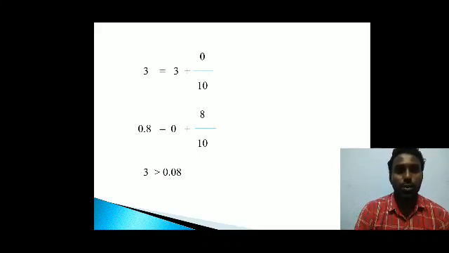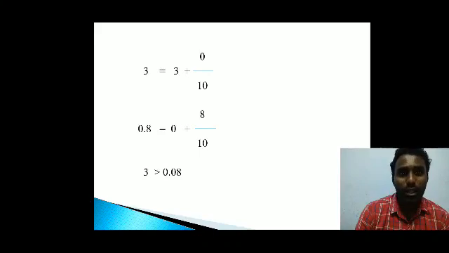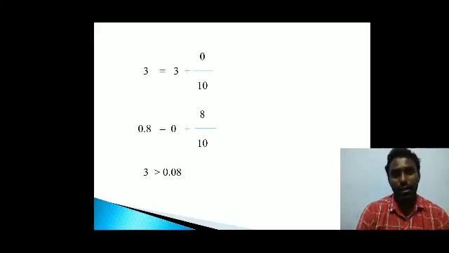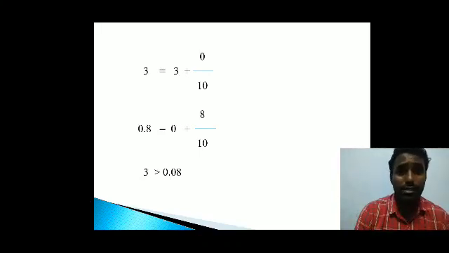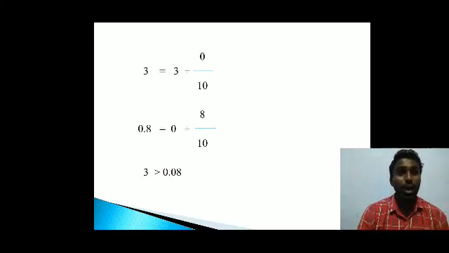Okay, so you know one thing, just look at that 10th digit, 0 by 10 here, 8 by 10 here. By that we cannot compare, right? We cannot come to a conclusion by seeing only the 10th digit. If we see the 10th digit, obviously yes, 8 is greater than 0, but you have to look first at the whole number.